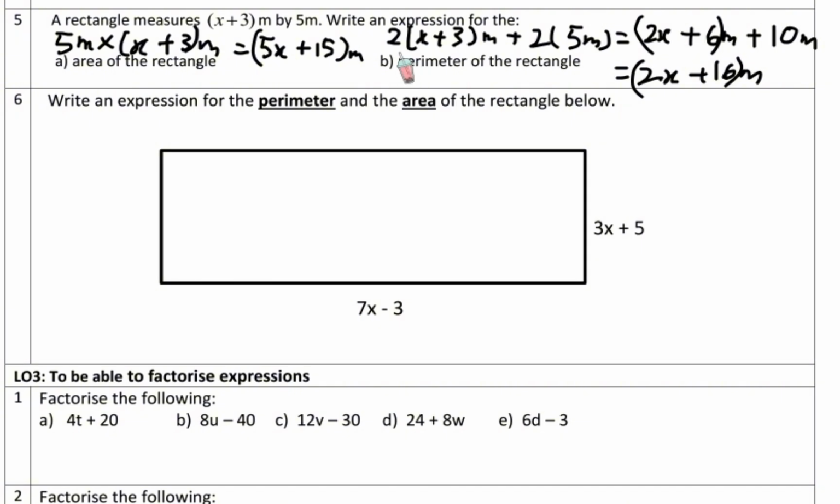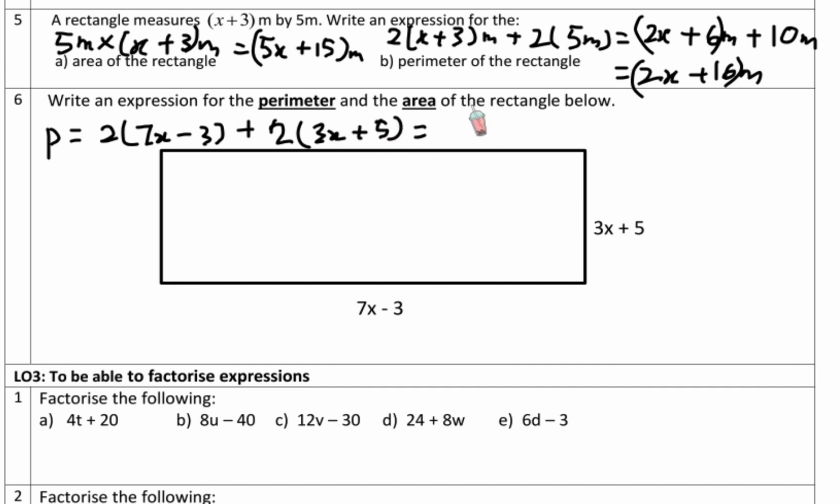Now, question 6. Write an expression for the perimeter and the area of the rectangle below. So first we will find the perimeter. To find the perimeter, we can just take 2 times 7x minus 3 plus 2 times 3x plus 5.